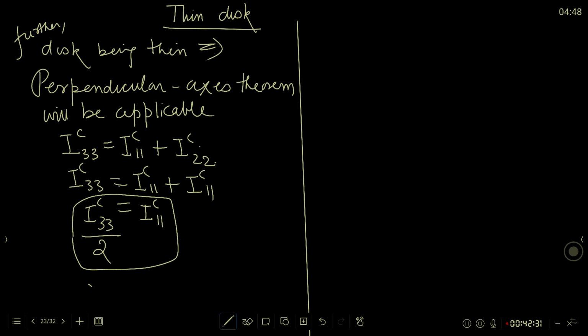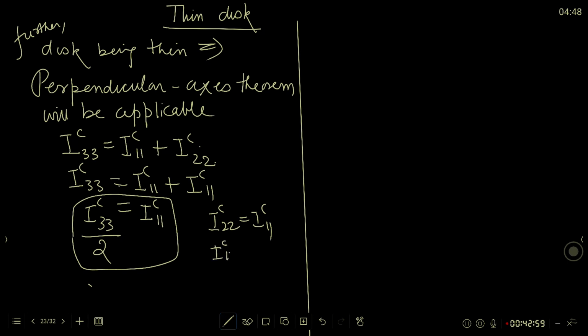So the diagonal members of this matrix are not completely independent of each other, right? First we concluded that IC22 is equal to IC11, and now we are concluding that IC11 itself is IC33 by 2. What does it mean?